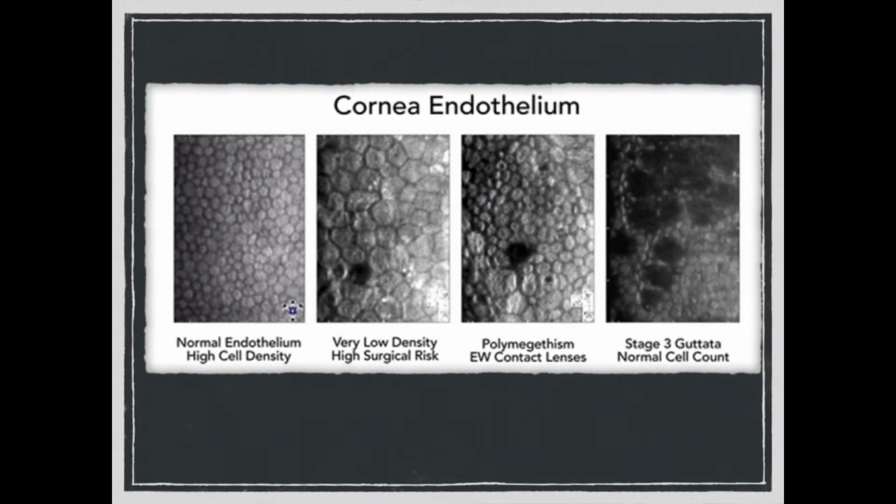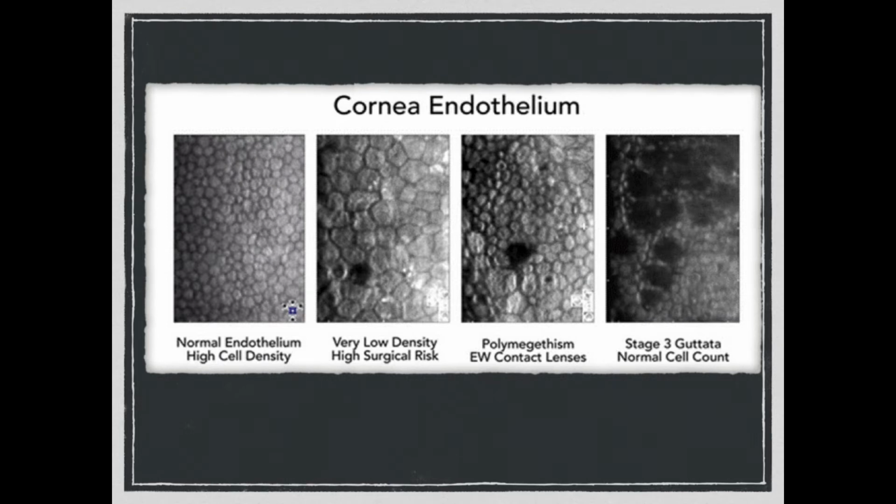These are pictures that show different images of the corneal endothelium. The first one on the left is almost symmetrical in size. There is no polymegathism, and it is almost symmetrical in shape. They are all hexagonal, six-sided, side by side, and there are no points that show any deficiency or different-sized cells.